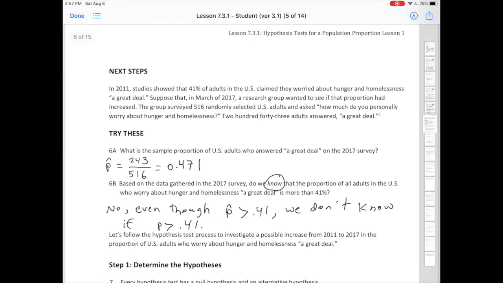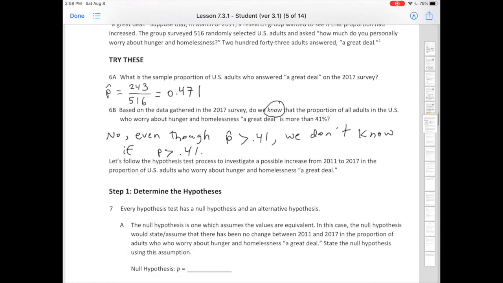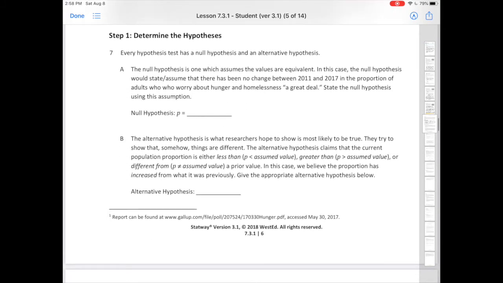So let's follow the hypothesis test process to investigate a possible increase from 2011 to 2017 in the proportion of U.S. adults who worry about hunger and homelessness a great deal. Step 1. Determine the hypothesis. Every hypothesis test has a null hypothesis and an alternative hypothesis.